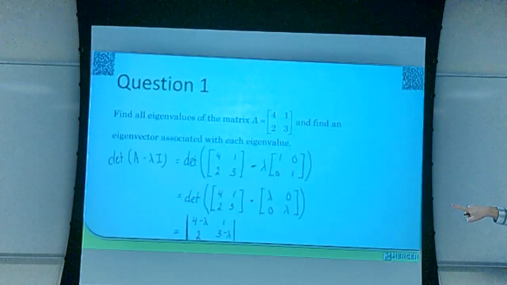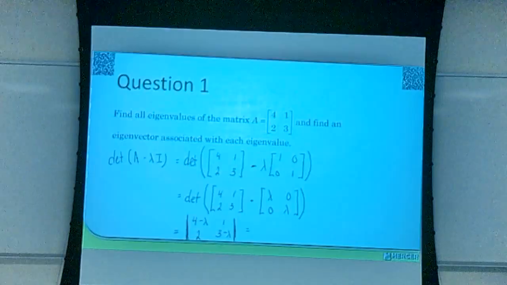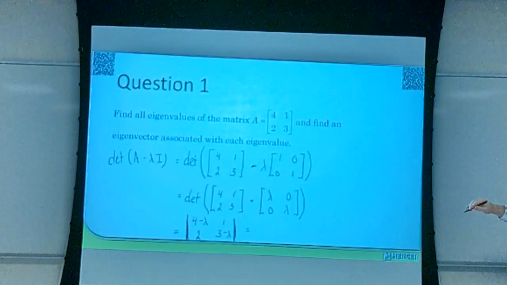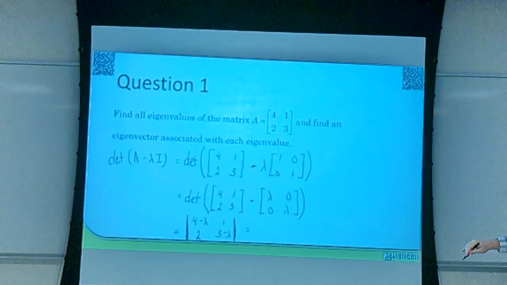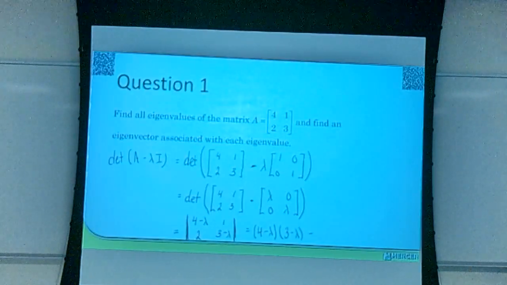The only thing that's changing is your matrix and possibly the size of your identity matrix. For a 2 by 2 matrix, it's easy: main diagonal product, minus the off diagonal product. Remember, this whole thing has to equal 0.